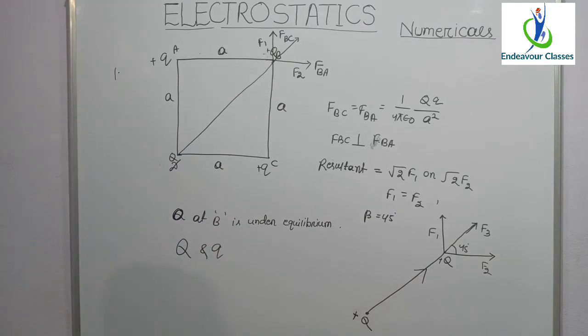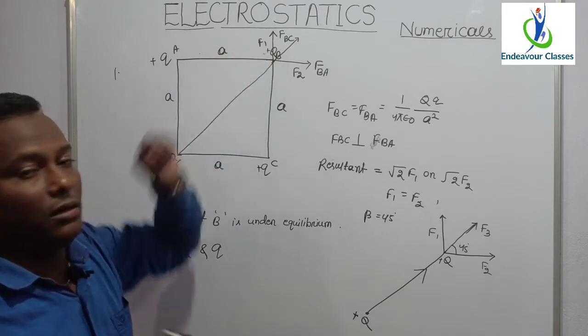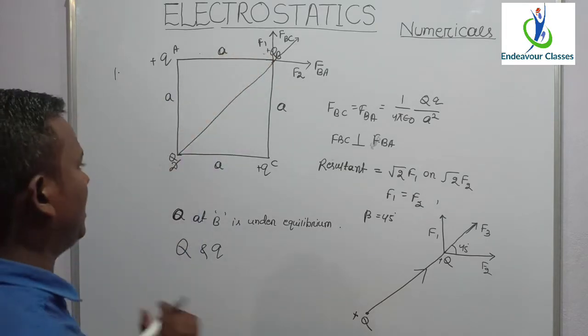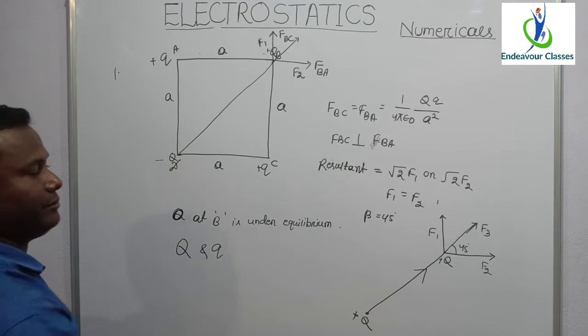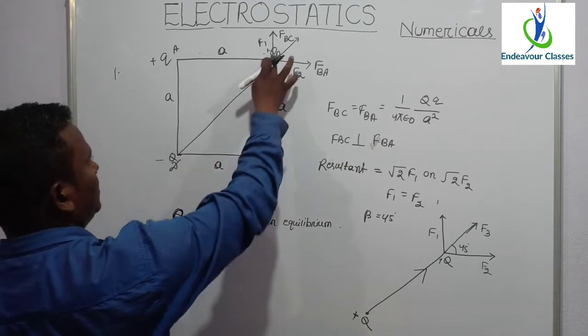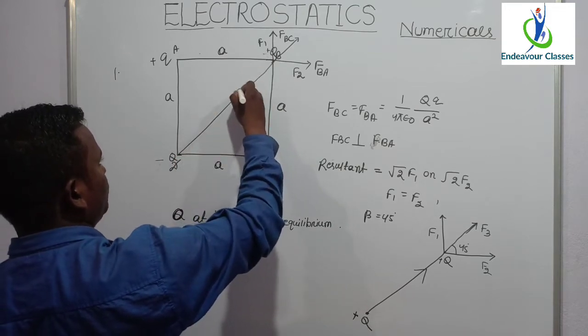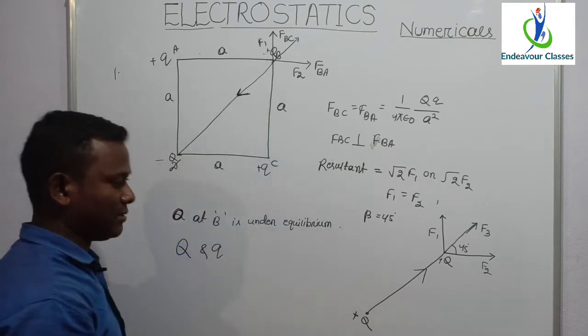So the only condition in which the Q can be under equilibrium is if this charge is negative. If this charge is negative, then this is positive and this is negative, so it will attract the charge, so the direction of the force will be along this.